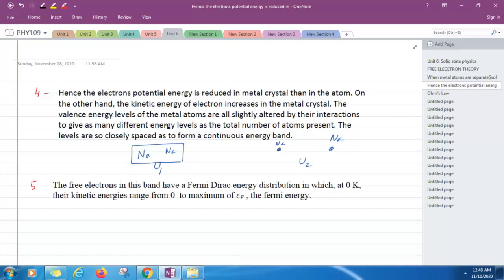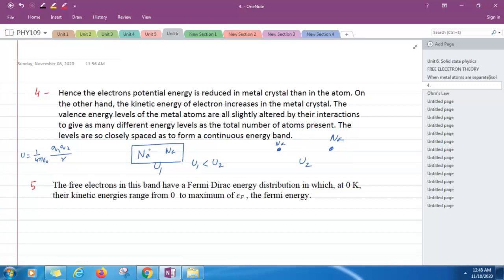The potential energy is reduced in the metal crystal: U1 is less than U2. Why? What is the relation for potential energy? U is equal to 1 by 4 pi epsilon naught, Q1 Q2 divided by R.